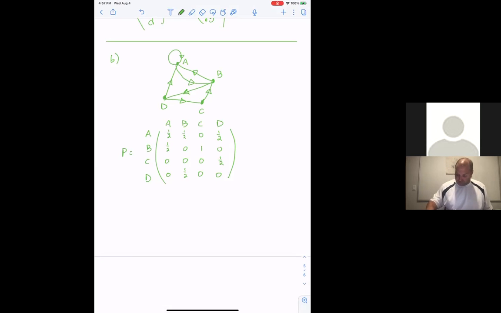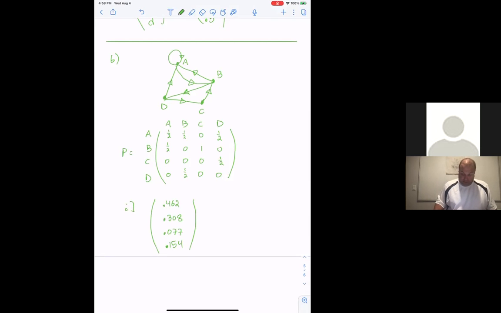This is matrix D in my calculator. I will now raise D to the 100th power. And I have the steady state vector as 0.462, 0.308, 0.077, 0.154.